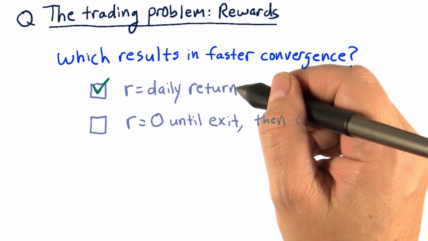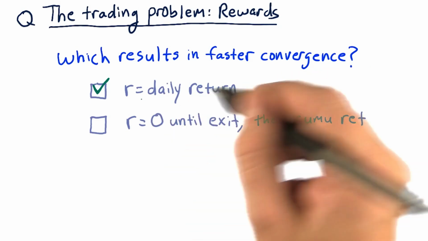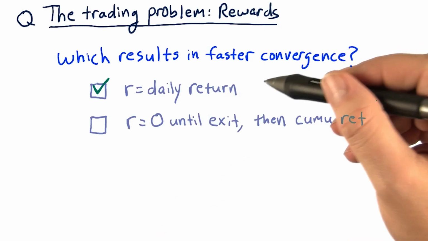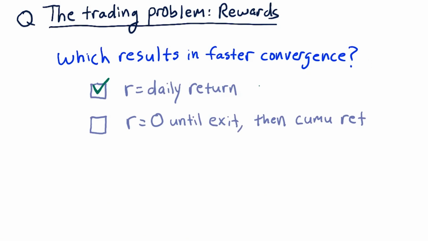If we reward a little bit on each day, the learner is able to learn much more quickly because it gets much more frequent rewards. This, by the way, is called delayed reward, and this is more of an immediate reward.